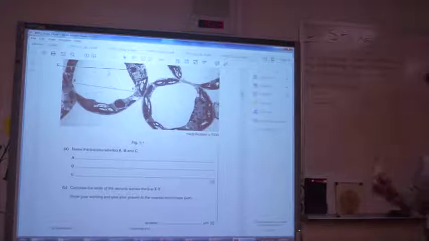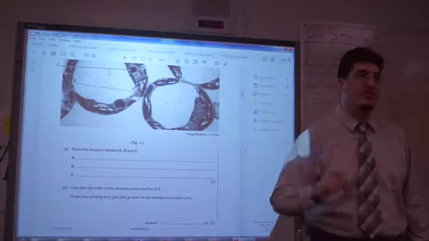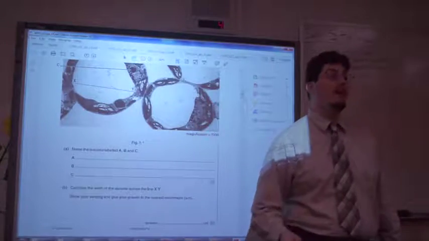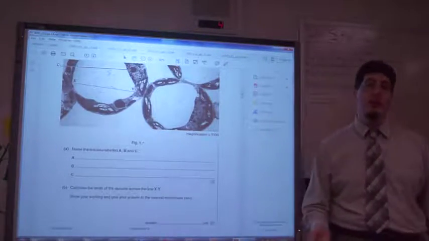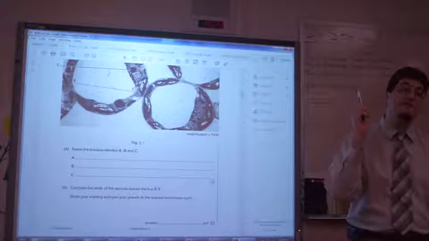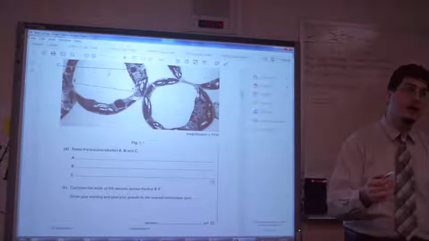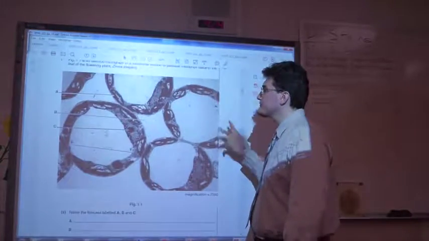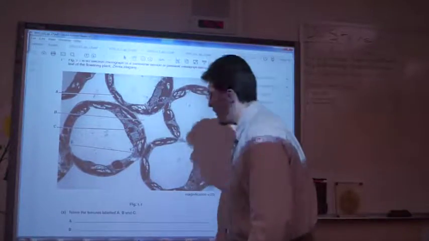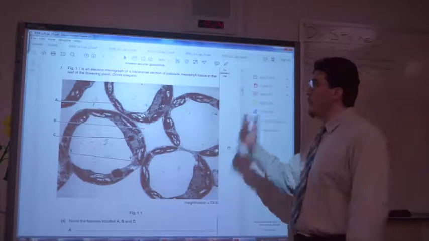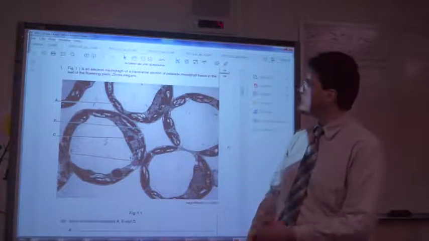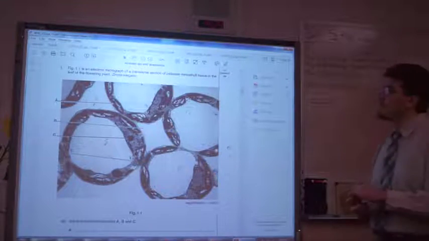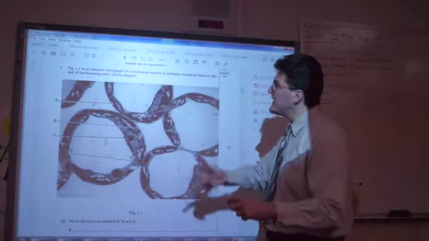The major takeaway point here, the thing that is tested the most often, and it's usually worth 2 points. Almost always 2 points. Sometimes it's worth 4. Is magnification. So here is the image. Figure 1.1 is an electron micrograph with transverse section of the palisade mesophyll tissue in the leaf of a flowering plant, Zinnia elegans.